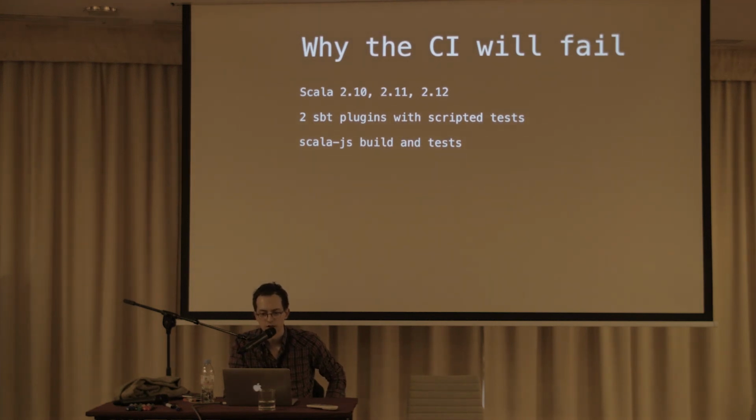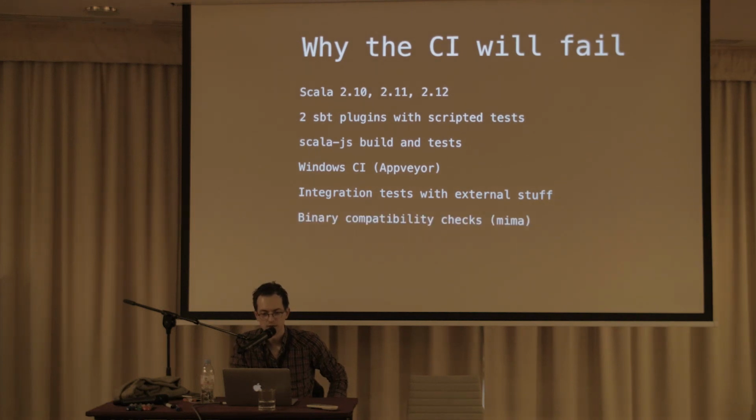like some methods from Java that are not implemented yet in Scala.js. Plus, there are a bunch of other reasons, like it has a Windows CI, so sometimes things fail on Windows. It has integration tests with external components that have to be updated. Then, if all the tests pass, sometimes there are binary compatibility issues.